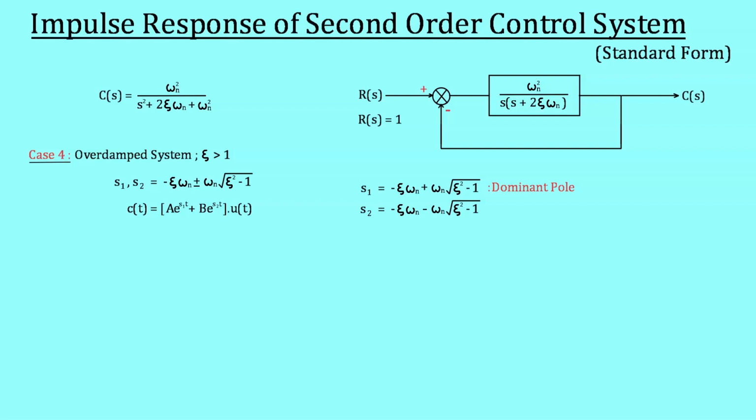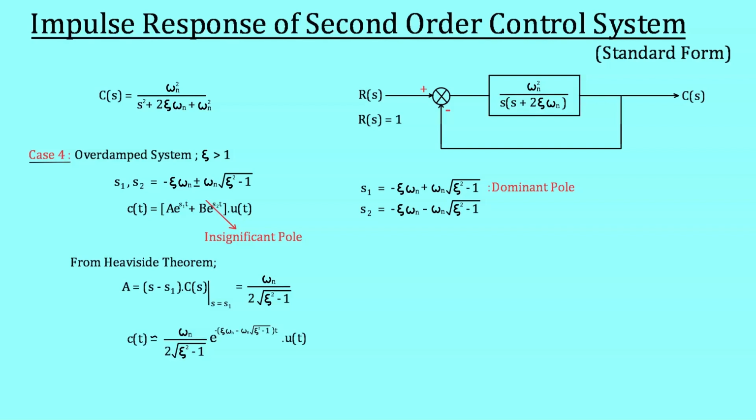Now let us assume s1 is the dominant pole. So the second term in the output, which is because of the insignificant pole, will die out earlier, such that the response will be primarily due to the first term in the output expression. From Heaviside theorem, we can find the value of constant A, which will come out to be equal to omega n divided by 2 under root of zeta square minus 1.